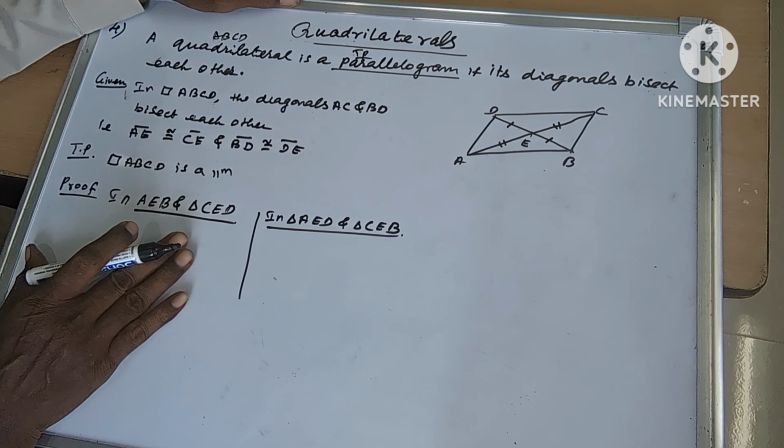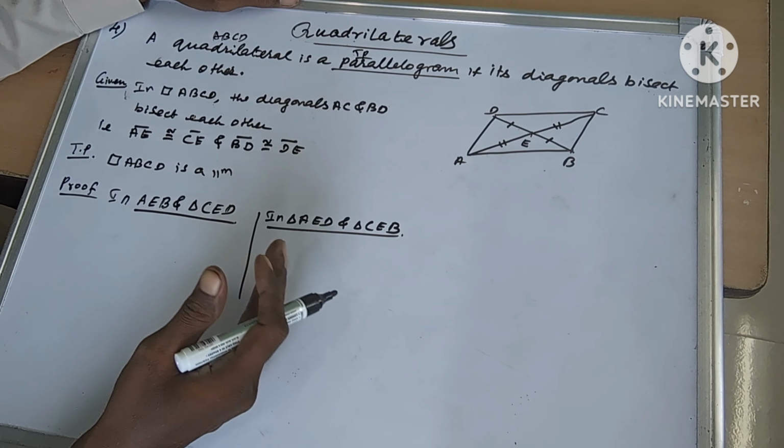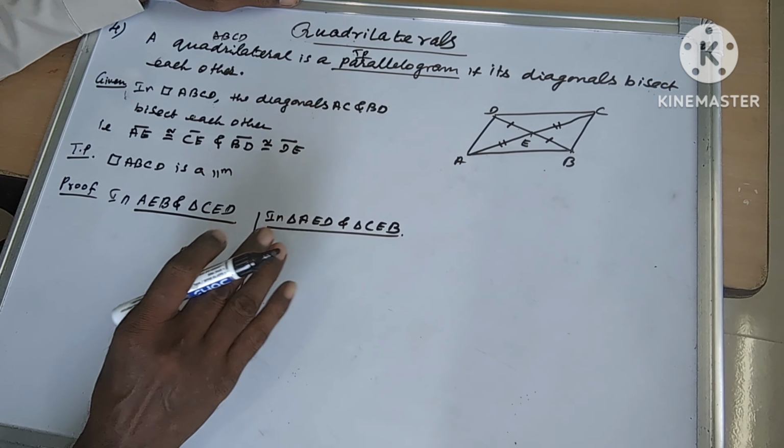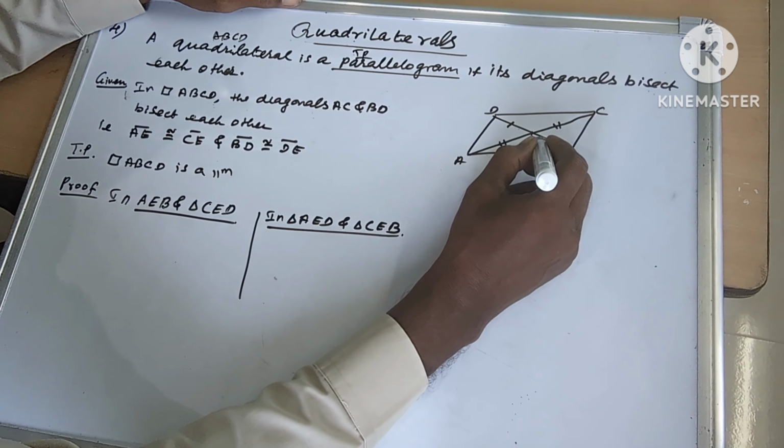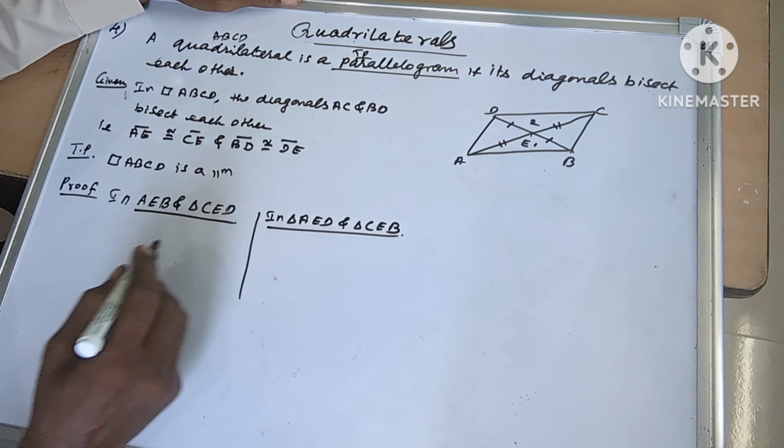This one is enough; similarly we can prove the other. So now we take these two triangles, this is 1 and this is 2.